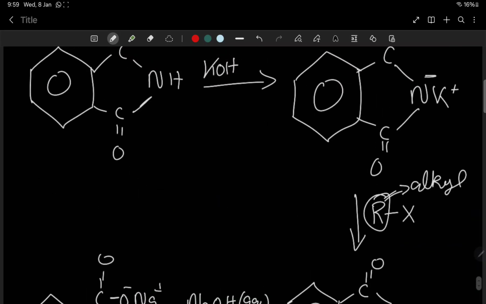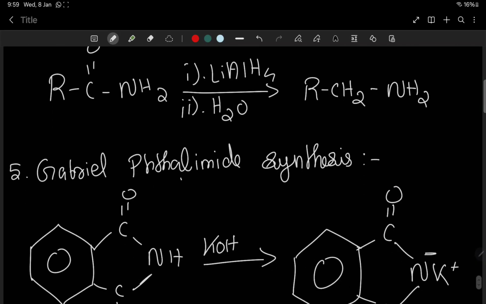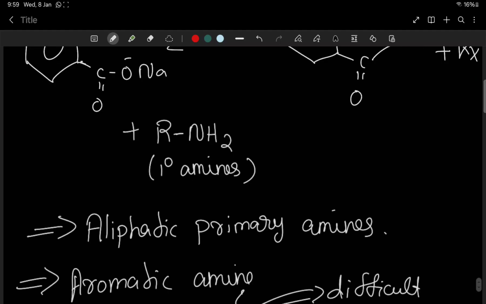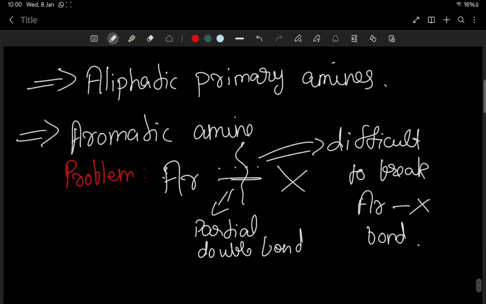Gabriel phthalimide synthesis is a nucleophilic substitution reaction. You know that aryl halides don't undergo nucleophilic substitution reaction. Only one reaction we learned, that with NaOH in extreme condition. Here there is no extreme condition, and we are not using NaOH also. So this bond can't break. So we cannot prepare aromatic amines from this method.